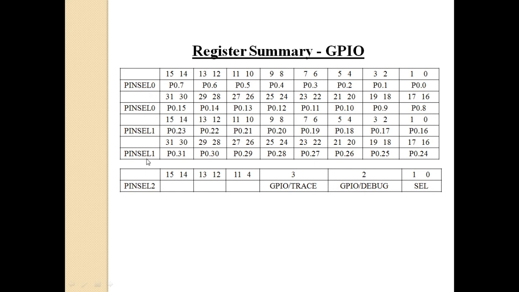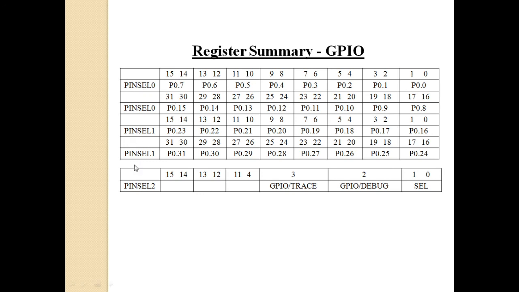In addition to this, you need to configure IO set and IO clear registers. So the register summary is used for showing what registers are involved in configuration of a peripheral. In addition to the pin select registers, you need to add IO set and IO clear registers also. Here I have not mentioned that. That also you need to add.